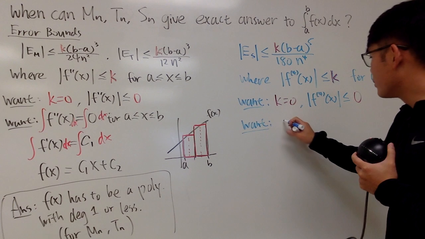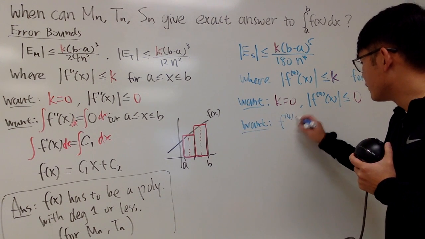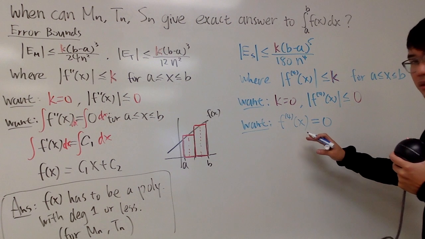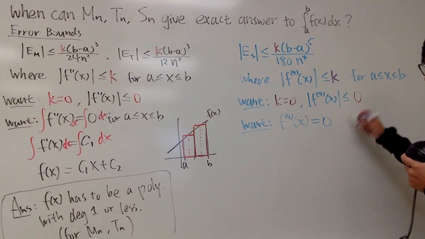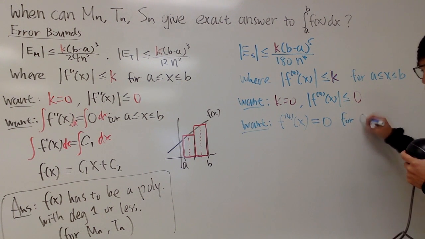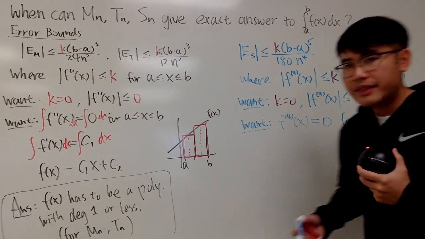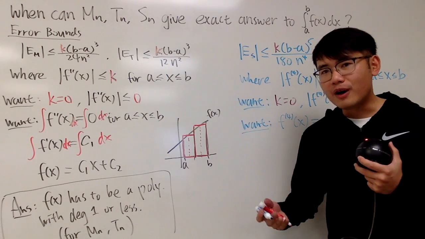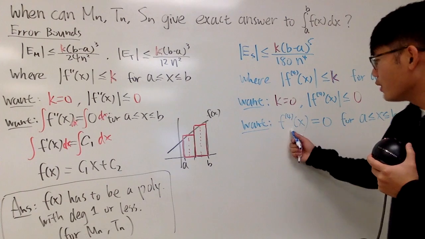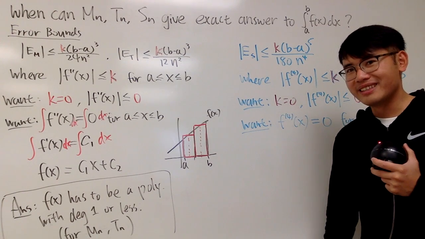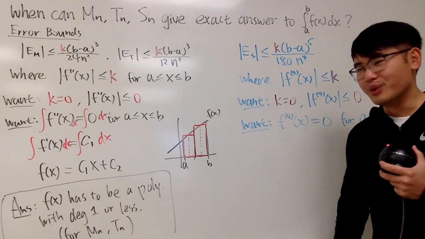So we want the fourth derivative to be 0 on the interval a to b, for x in between a and b. And now you just have to think about what function has fourth derivative being 0. And the answer to that is a cubic function. It's a polynomial with degree 3 or less.